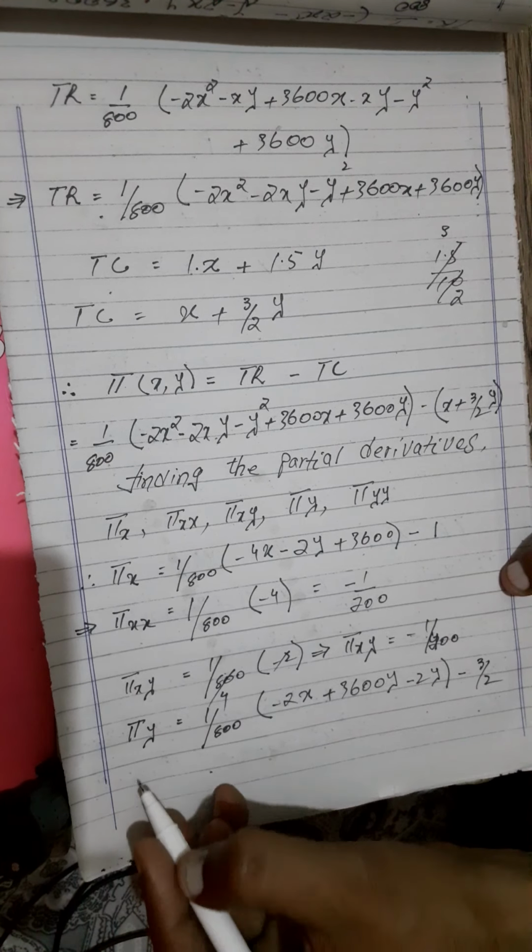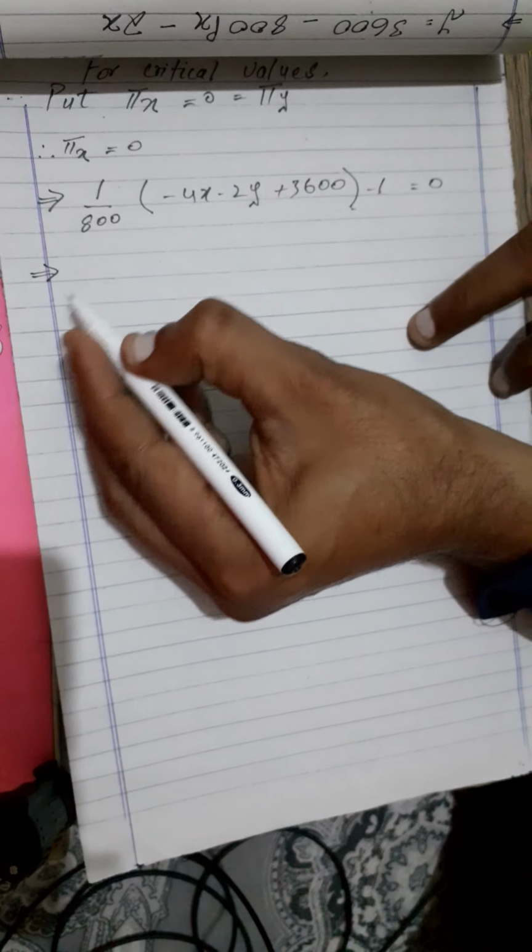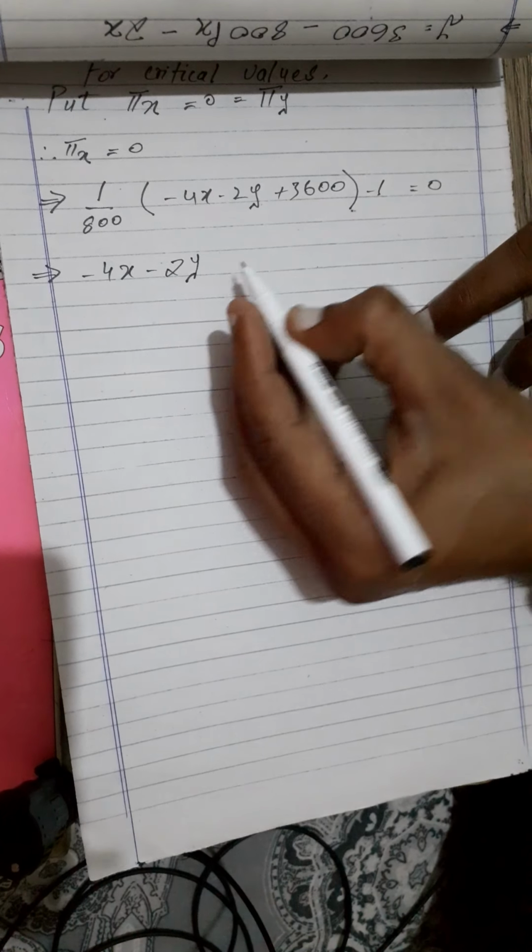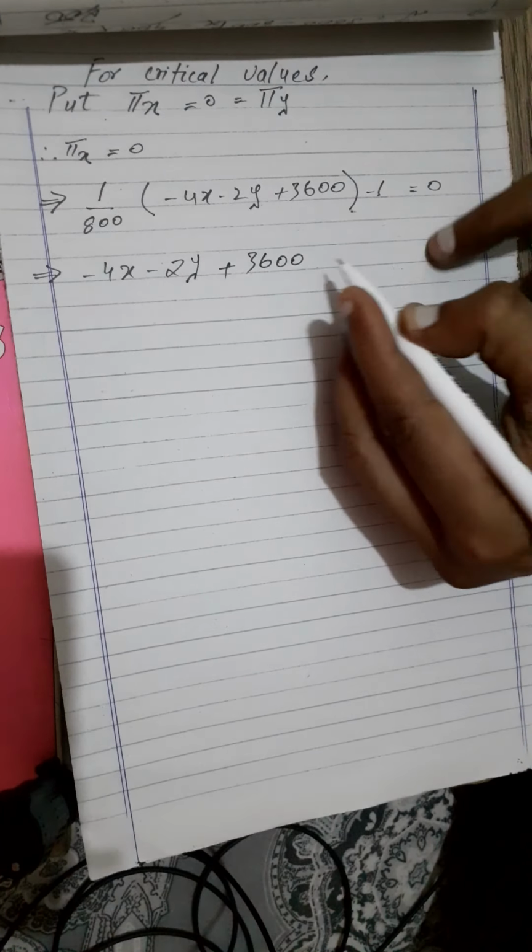Therefore, partial x equals 0 implies 1 over 800 times minus 4x minus 2y plus 3600 minus 1 equals 0. Multiplying the whole equation with 800, we will get minus 4x minus 2y plus 3600 minus 800 equals 0.